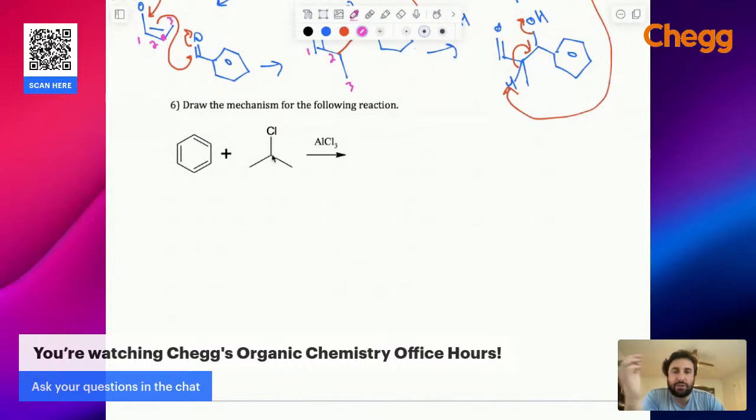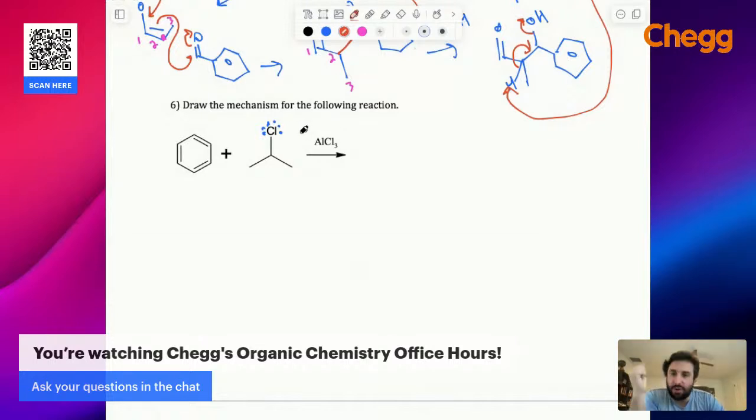If we had a good SN2 nucleophile, it could attack right here, kick off the chloro group, and we'd have SN2. But that's not how this one's going to go. So we need some catalytic complex to prompt the benzene to react. We need to create something that's so unstable that even benzene will react with it to bring the system to a lower energy overall. So here's the chlorine atom, right? Chlorine's got 3 lone pairs here.